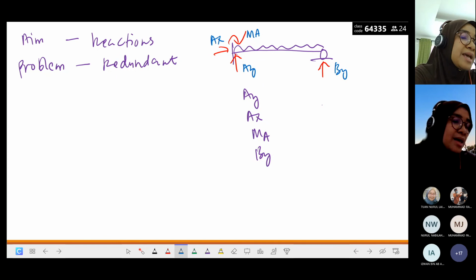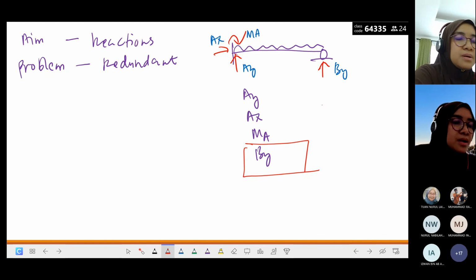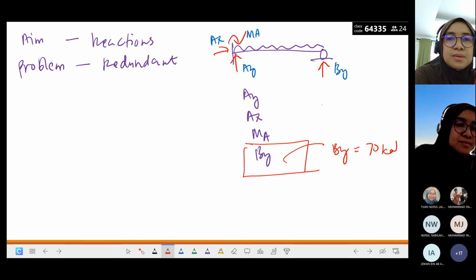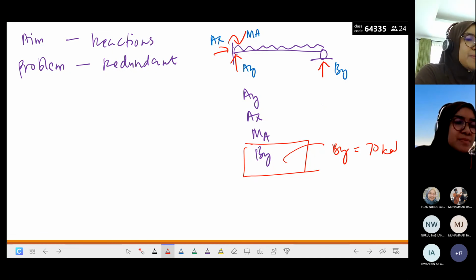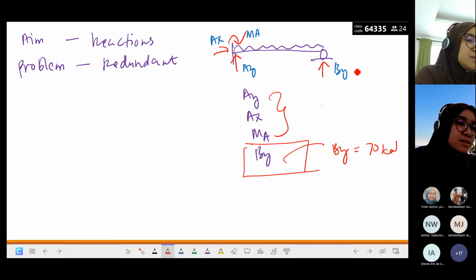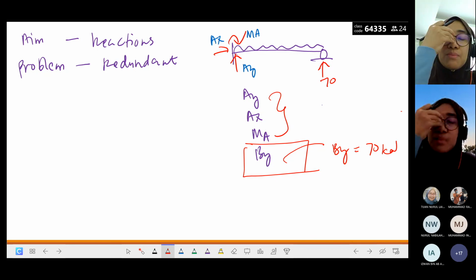Let's say we know BY is equivalent to 70, for example. Can we solve the remaining 3? Remove BY and put in 70. Can we calculate the remaining 3? Yes, we can.